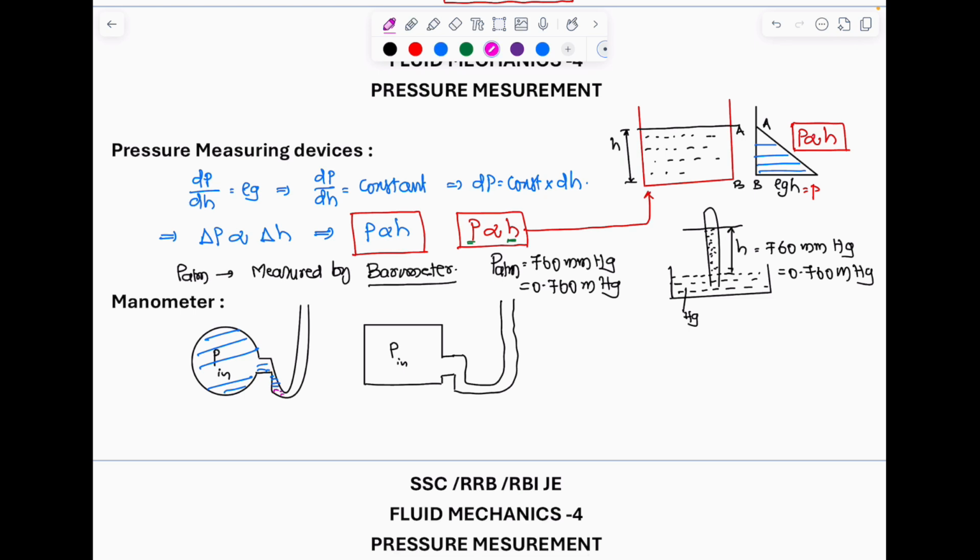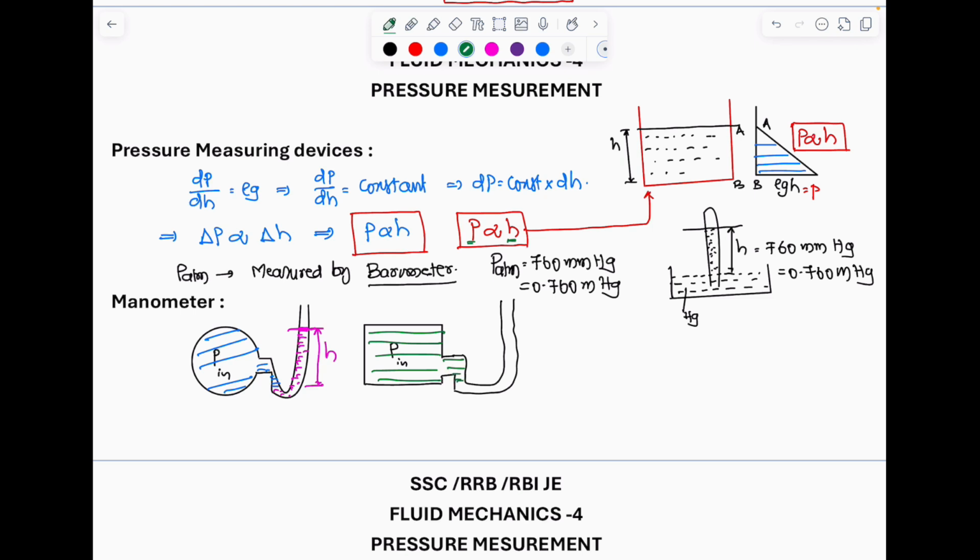And this is the height h, and here also I'll use green color fluid inside.